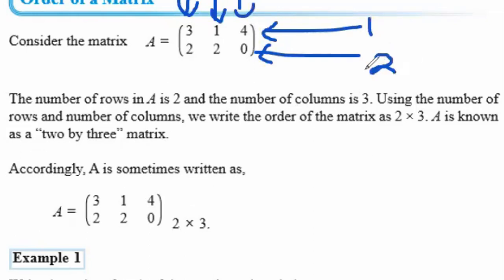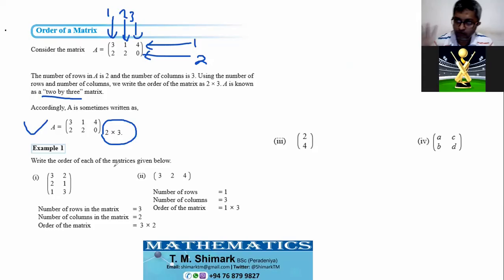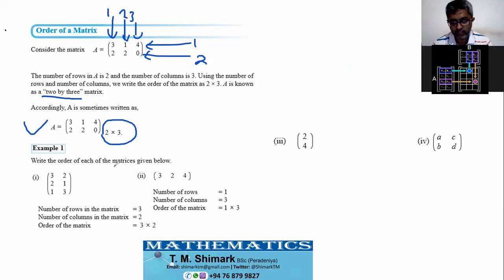We always give rows first, which is 2, and columns second. So it's a 2 into 3 matrix. We say 2 by 3 matrix. When we are saying the order, always check the rows first and then columns. This one you have to remember.